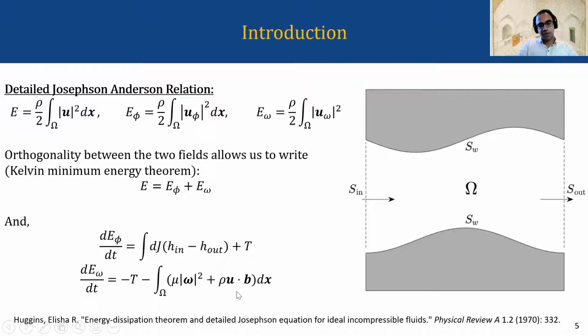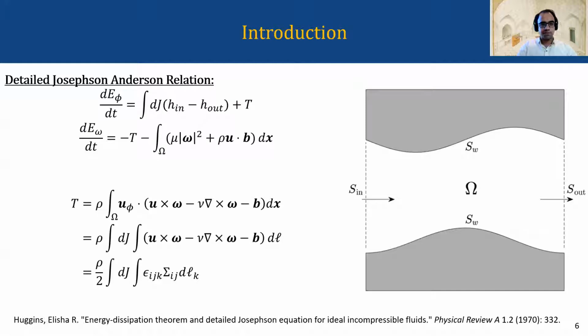So if you like, you can imagine that the energy which is being put into the channel through the pressure drop is being transferred to the vortical component through this term T, and then it's being dissipated away by the viscosity and the work of the Magnus force. And again, we can see that this term T is what we are going to be looking at at some length, or something similar to T.